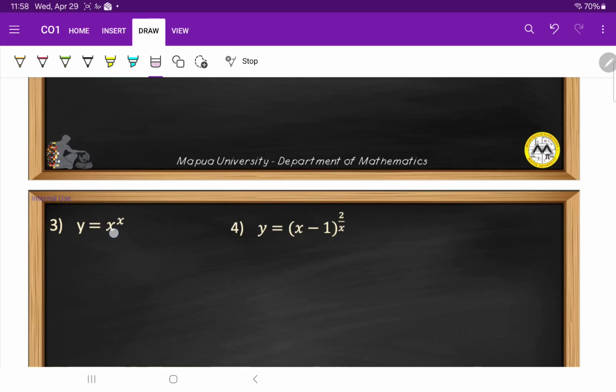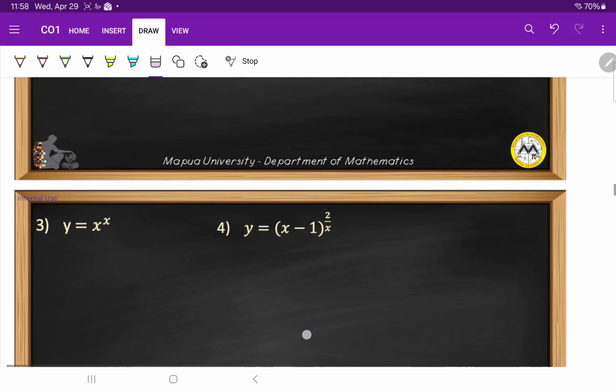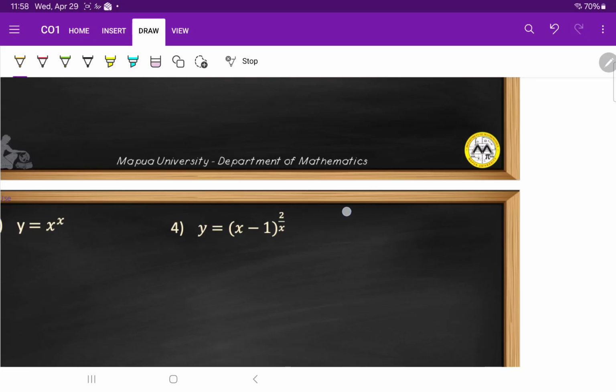So let's recall what we did then. We know that if we're given y is x squared, our y prime is 2x. If y is 2 to the x, our y prime is 2 to the x ln of 2 times 1.